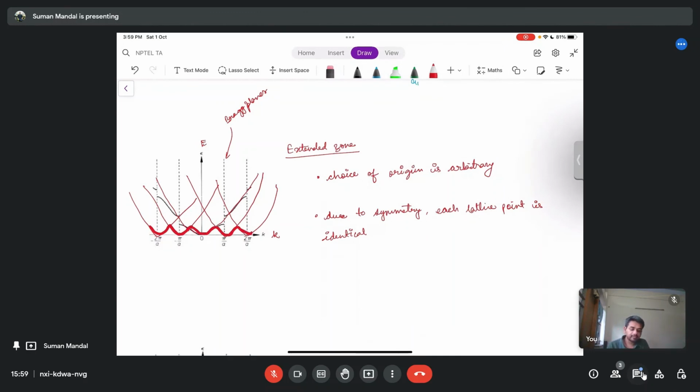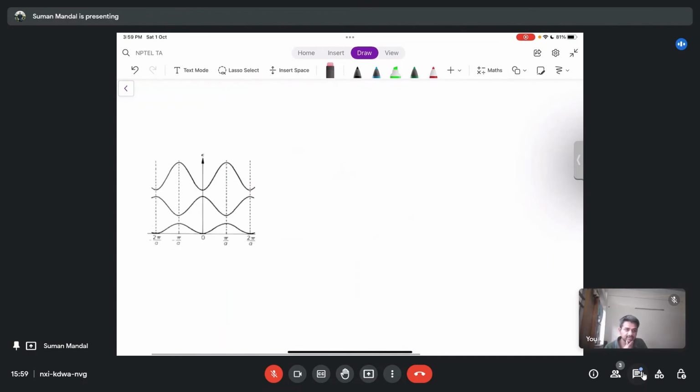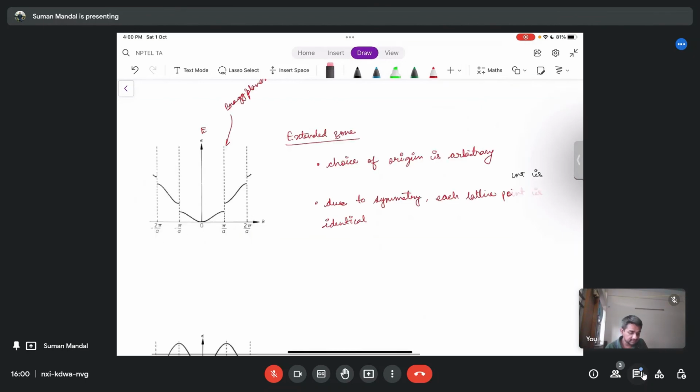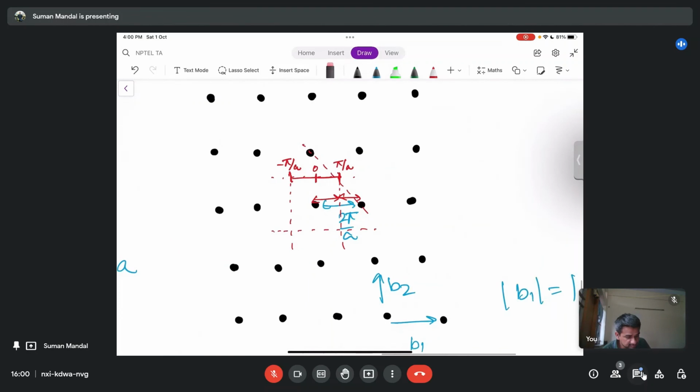Something like this. Now when you draw it like that, and then there is diffraction at the Bragg planes, you will get a structure like this, because each lattice point is identical. So again, there's a lattice point at 0 and this lattice point at 2 pi by a.